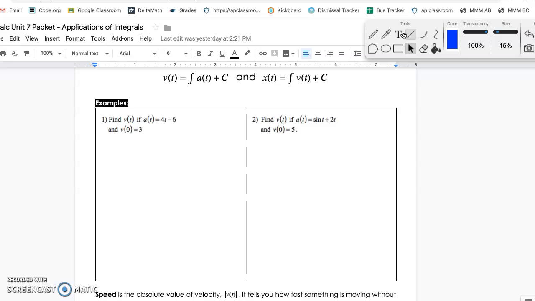So first thing I'm going to do is say v of t equals the antiderivative of 4t minus 6 plus c.